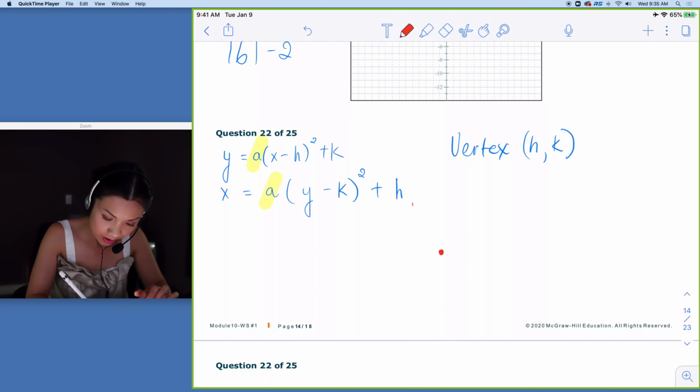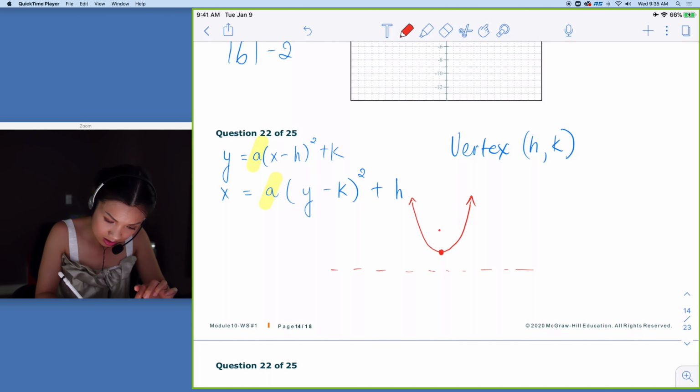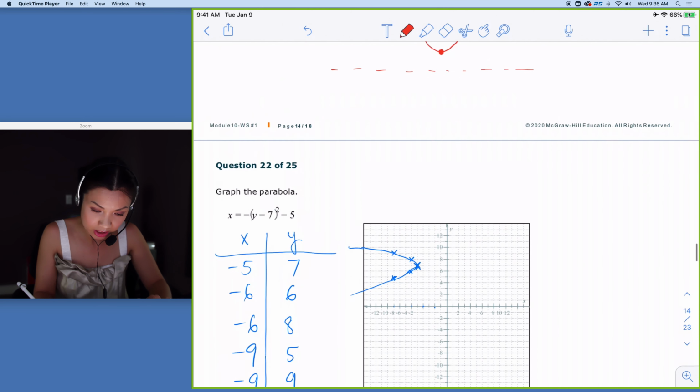So let's say if I have the typical one, and if this one is the vertex, that line is what you call the directrix.